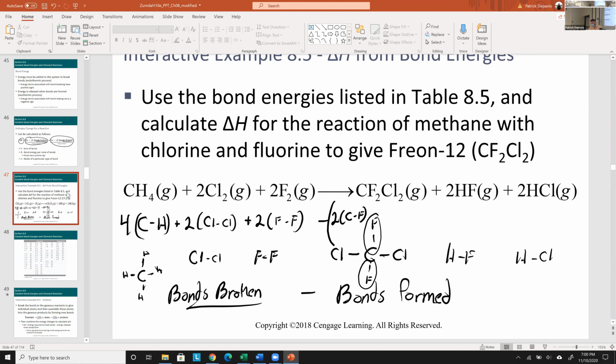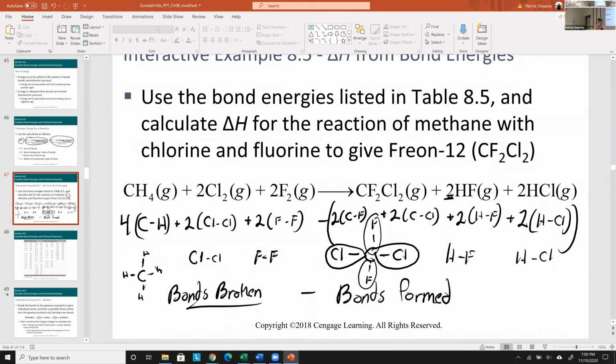Put everything in parentheses to be safe, plus 2 CCl, plus 2 from the coefficient of HF, so 2 HF, plus 2 HCl, close parentheses.